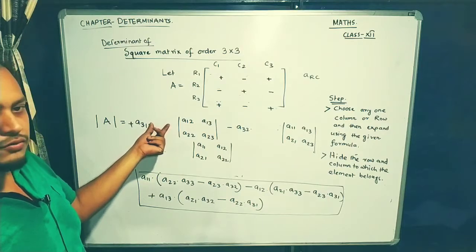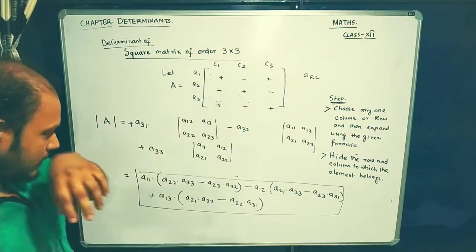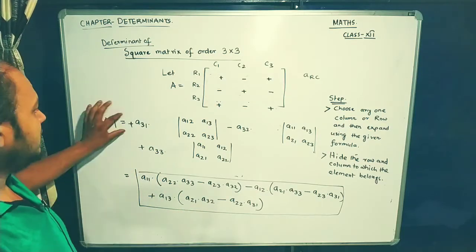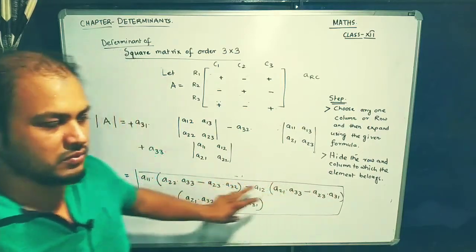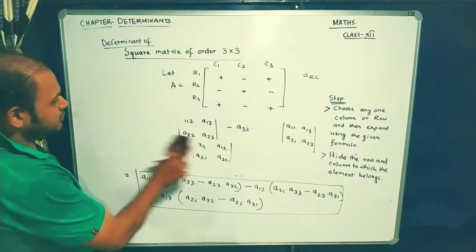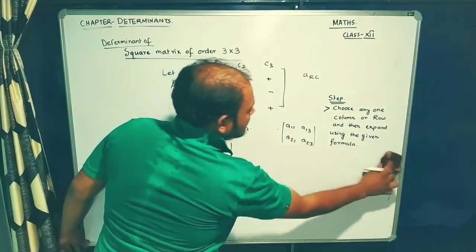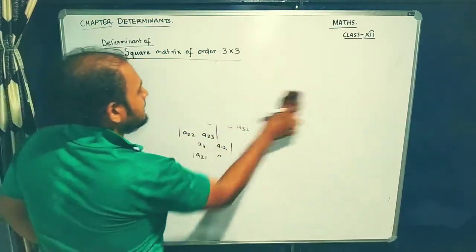That is why we have written these signs. Okay, the best way to remember the determinant of a square matrix of order 3 by 3 is this formula. Do not try to remember this formula, it is very hard to remember. Let us solve some problems, and now it will be extremely easy for you to remember it.